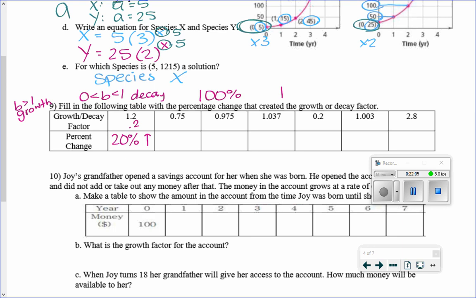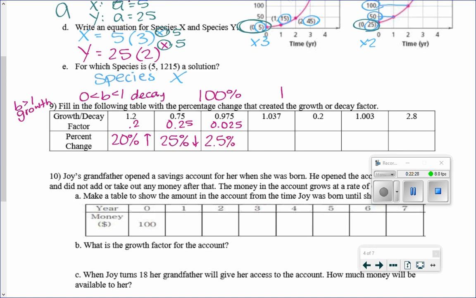0.75, how far away is 0.75 from 1? 0.25. So that's going to be 25%. And it's a decay. What about 0.975? 0.025? As a percent, 2.5%.